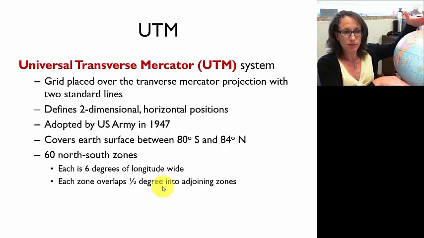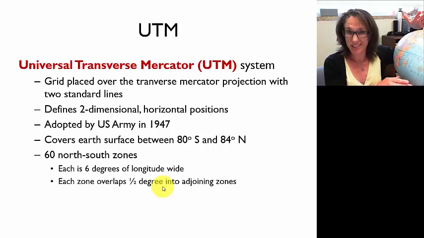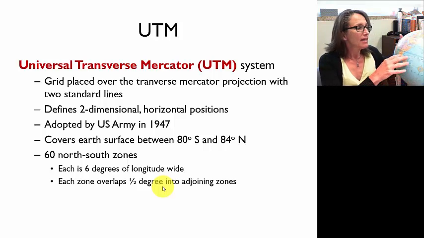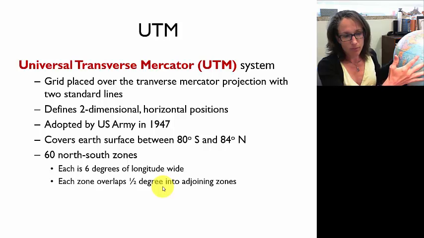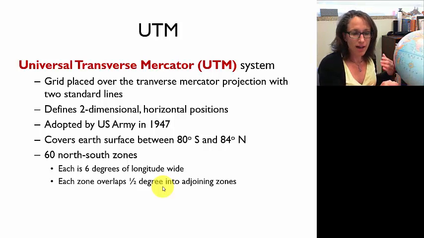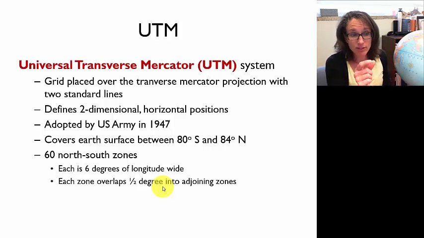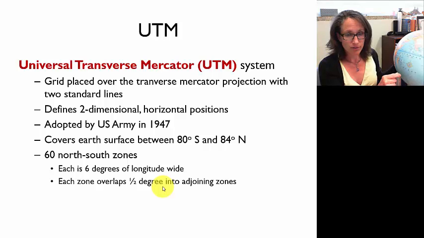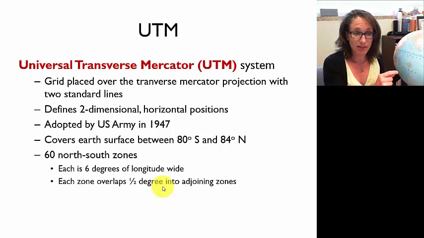And what they did with the UTM grid system, which I think is actually a really cool idea, instead of projecting the entire globe on one map, they project a 6-degree wide strip, 6 degrees of longitude wide, using the transverse Mercator projection.